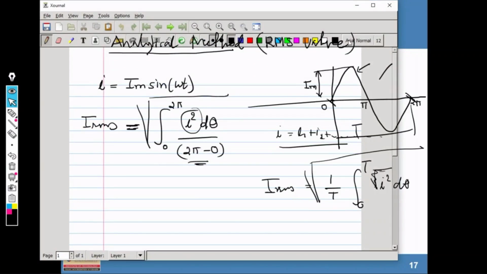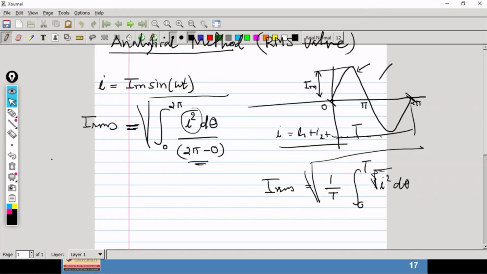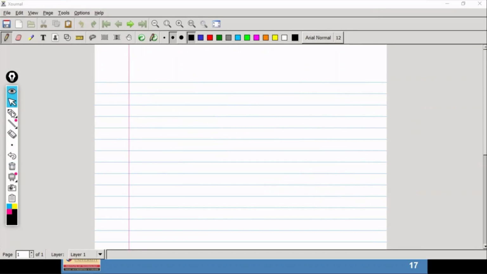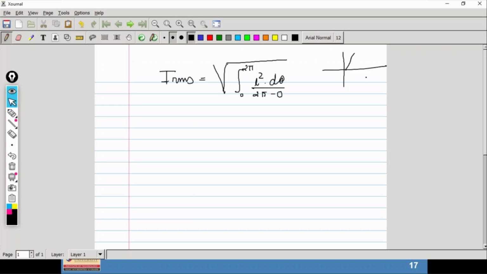Okay. So according to the definition, we can write IRMS is equal to the square root of integrating 0 to 2 pi of i square into d theta upon 2 pi minus 0. So according to this graph, we can write this expression for RMS value.